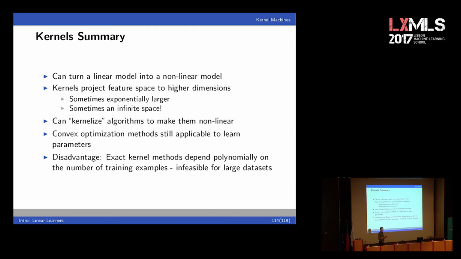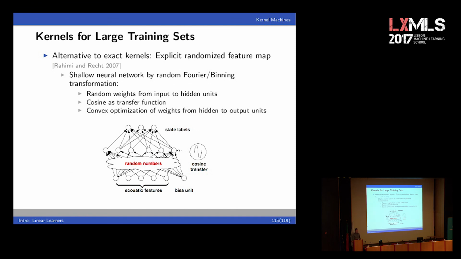But another and better way is to learn the feature map directly. So this is a very nice paper by Rahimi and Recht. What they call randomized feature maps, or random kitchen sink feature maps.